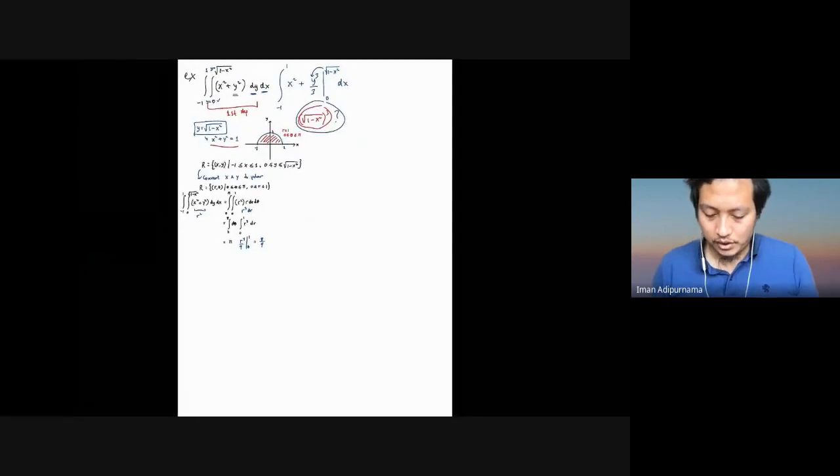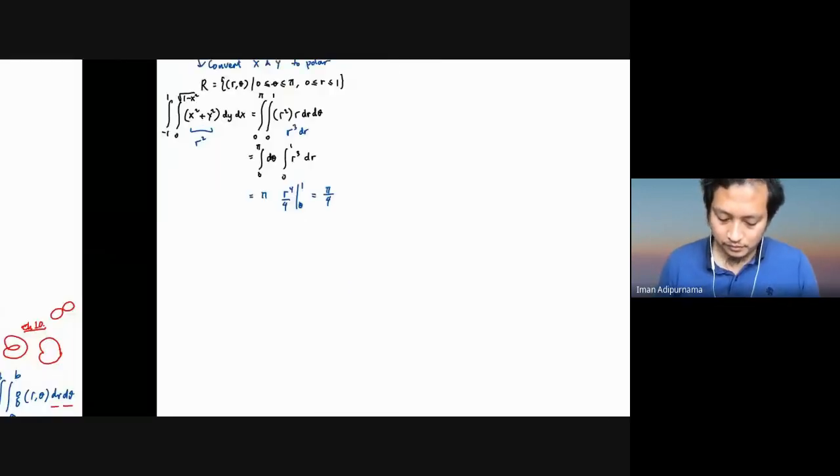Let me give you another example. Okay, let's say we have a double integral of the function sine theta dA.